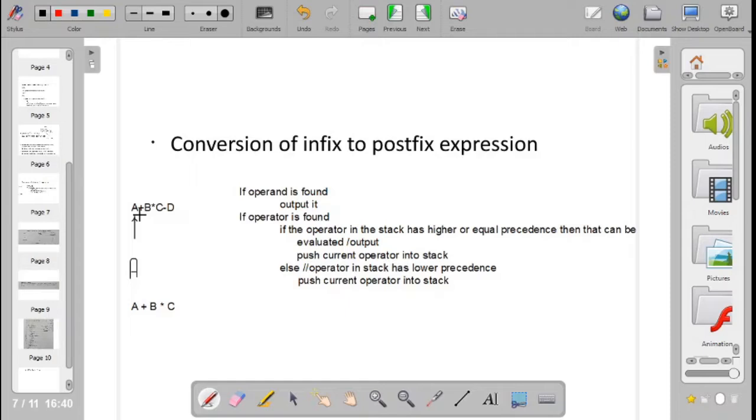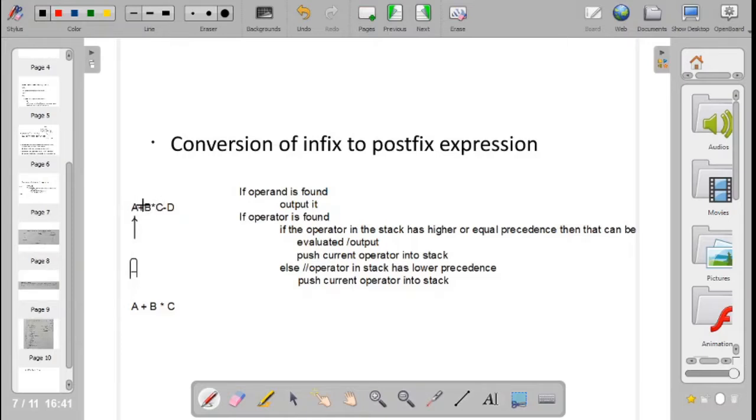At this point in time we are just reading one operator, and it is not possible to decide whether to evaluate it or not, because it can only be evaluated if it has higher priority than the operator on its right. For example, if you look at plus and star, since star has a higher priority, that operation will be done first.